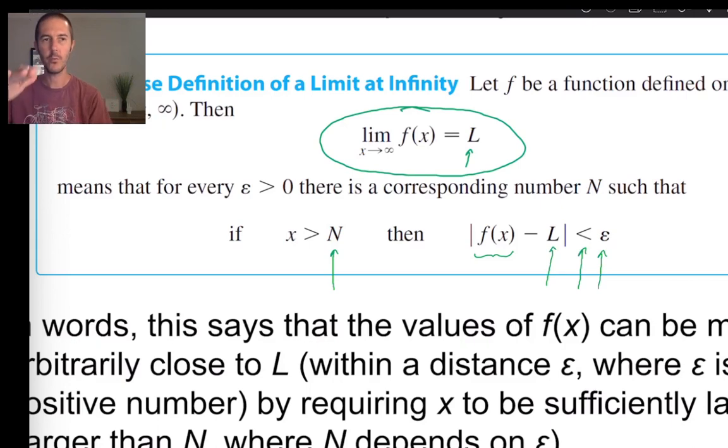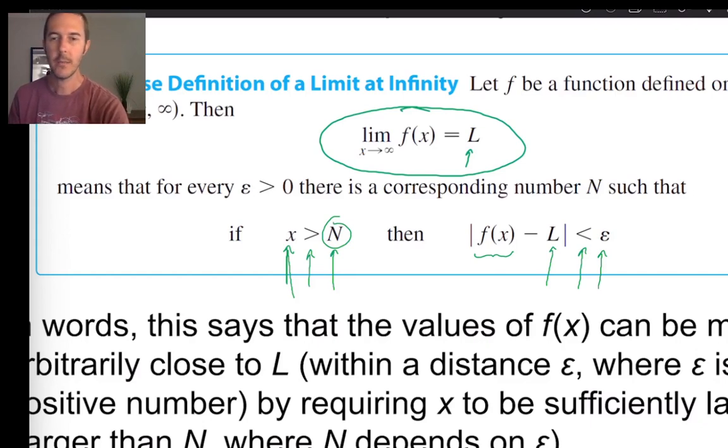Remember, we want to be constraining our y values. We want to make our target smaller and smaller around that capital L value, that y value. And how do we make that happen? In this case, we make that happen by making our x values larger than, and then that's what we have to figure out, some particular N value.